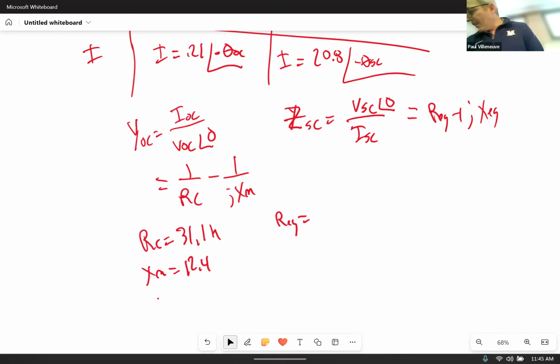R equivalent was 1.4, and X equivalent is 2.1. That was it.